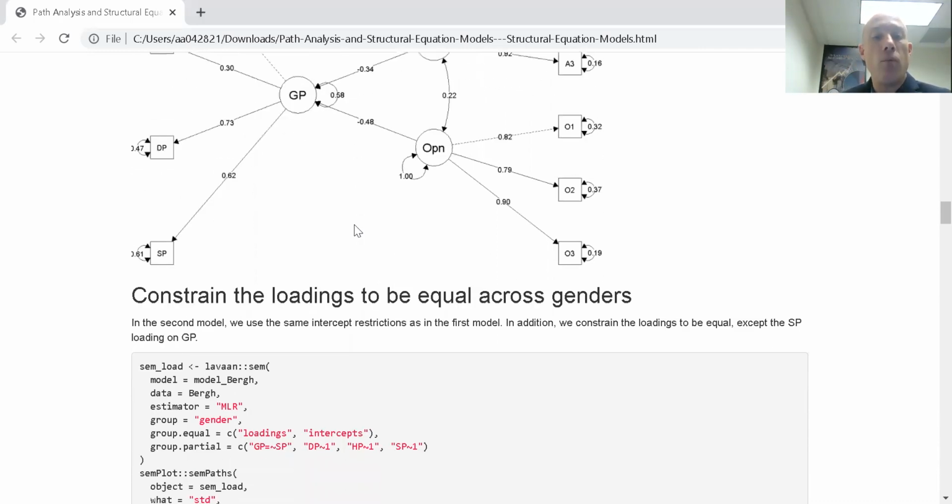Now, what we want to do, we're going to take the same model, but now we're going to force equal loadings between genders. And we're also going to put a group partial of GP manifesting off of SP.